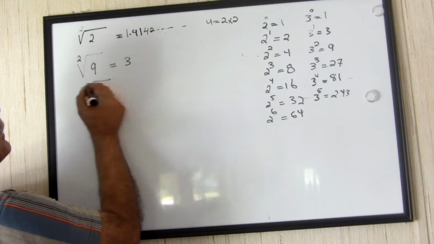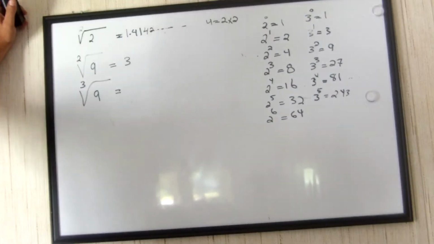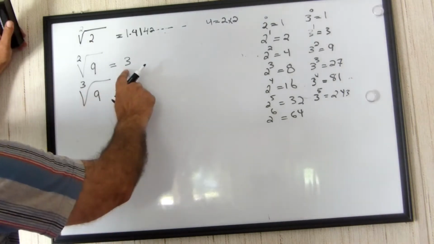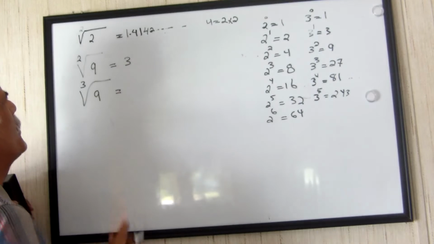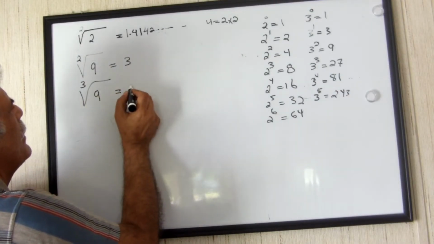But if this one is a cubic root of 9, we cannot do anything with it, I mean, write it as an integer, as a number.